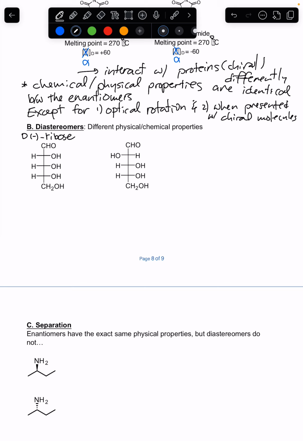When it comes to carbohydrates, you might notice that the D and L designation and the rotation direction actually do not match, and that's just a specific naming convention for carbohydrates.